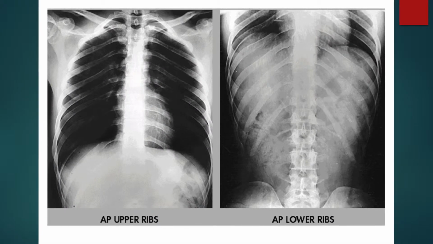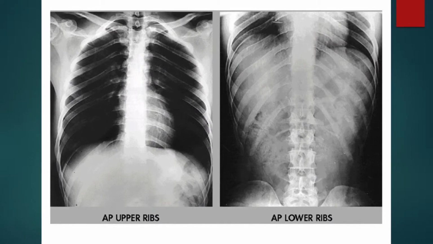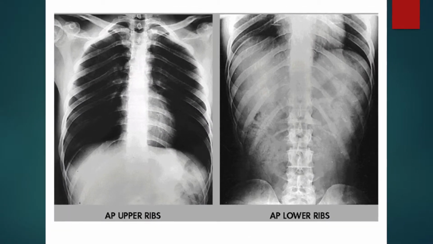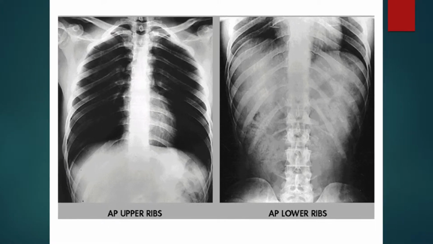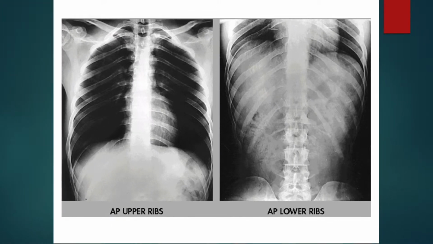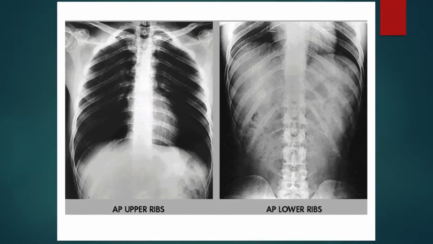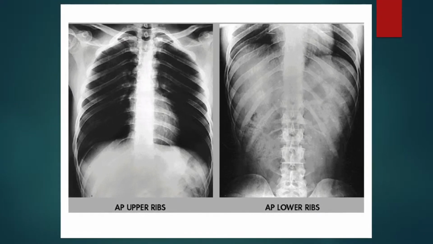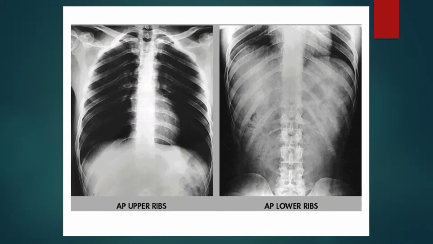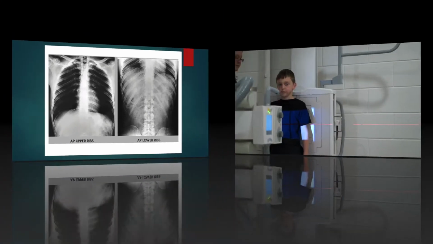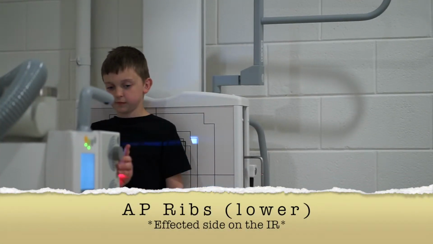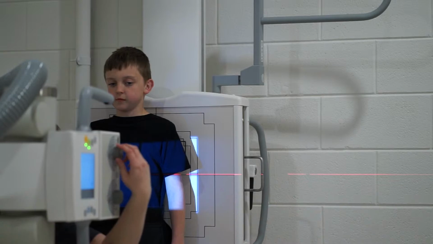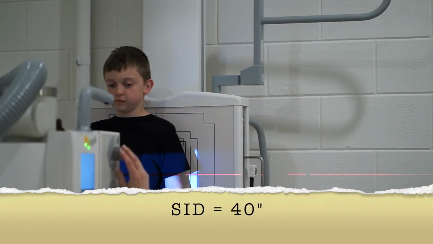When it comes to doing your lower ribs, whether it is AP or an oblique, you want to make sure that you have some overlap so that way you know for a fact that you have all 12 ribs. Okay, Lucas, we're going to get another picture of your lower ribs.